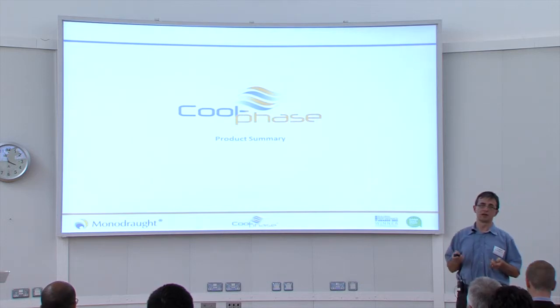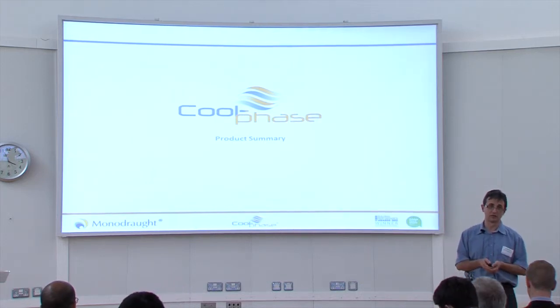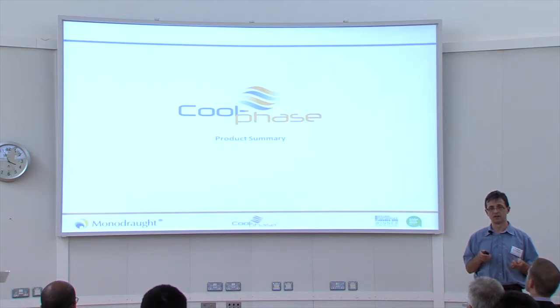That's why at Monodraught we are trying to combine this heat storage capacity with some active methods to increase the heat transfer, and also we would like to improve the control strategy, and to deliver the heat when we want.